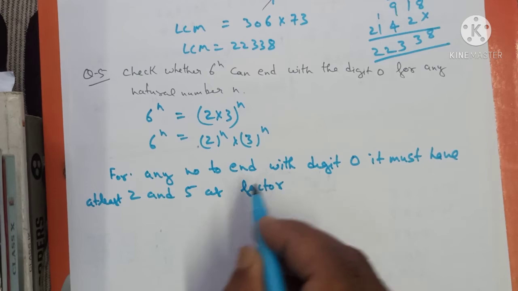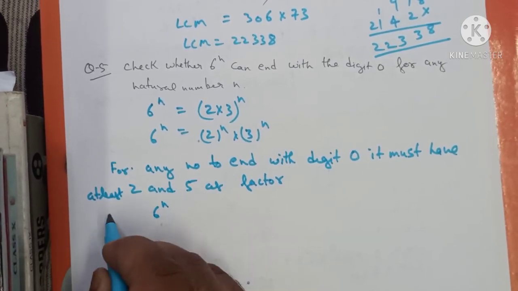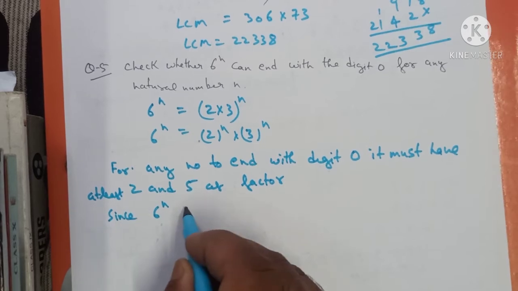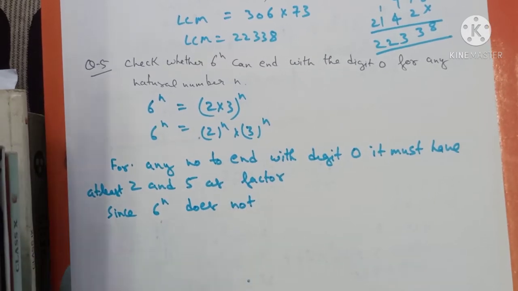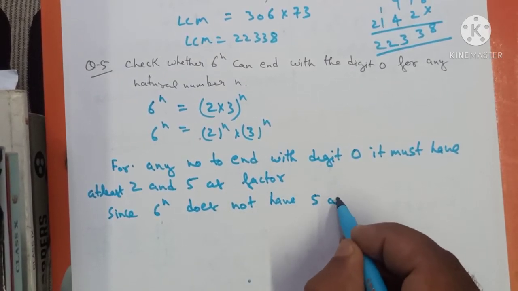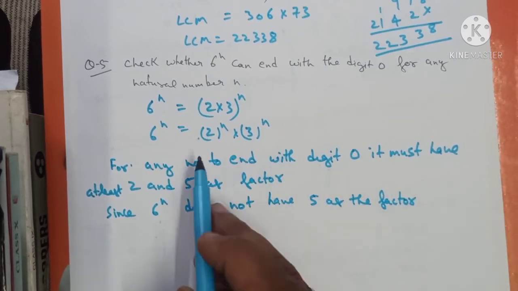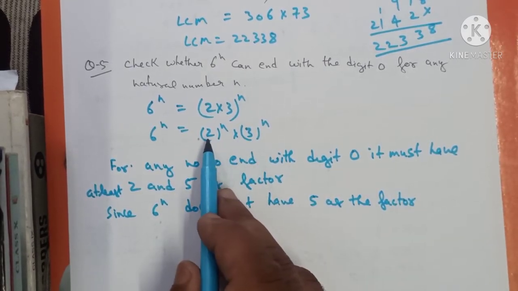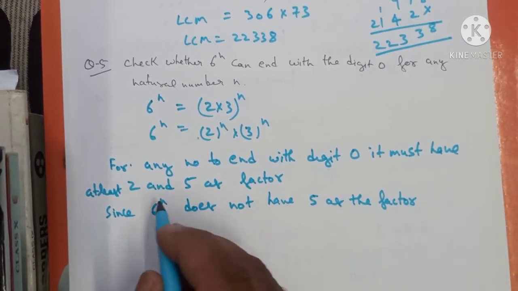Since 6 power n, that is 2 power n into 3 power n, is having 2 as a factor and 3 as a factor, but does not have 5 as a factor.